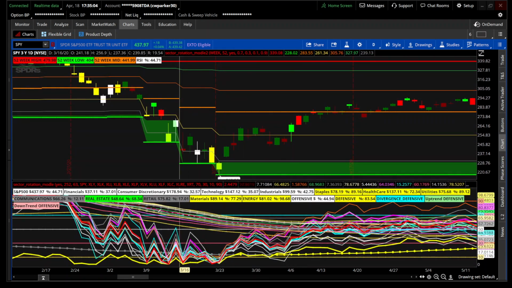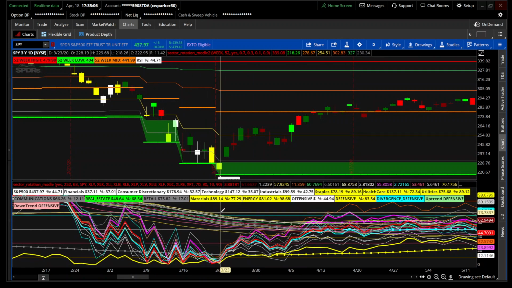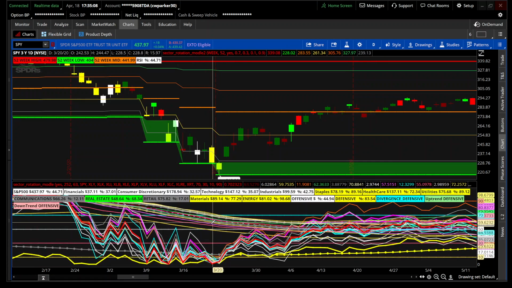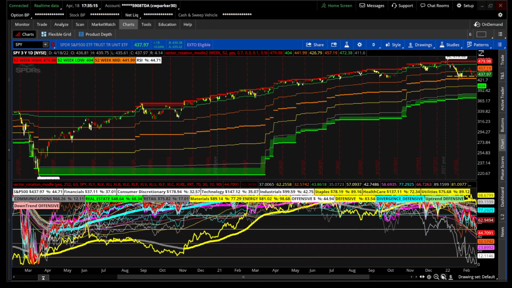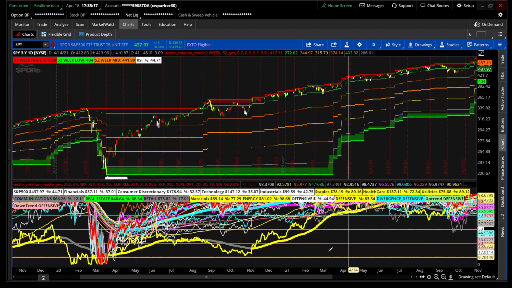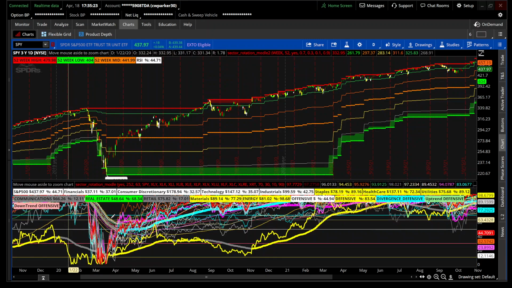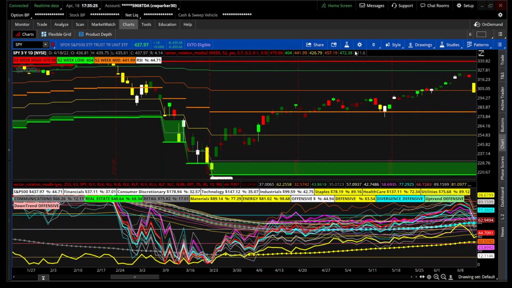As you can see, these are the actual sectors versus some of the sectors. These were just lagging, coming down actually. But like I said, it's on you to change everything and see how you want it. It's fully customizable.